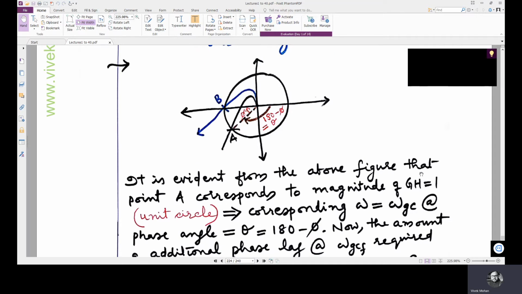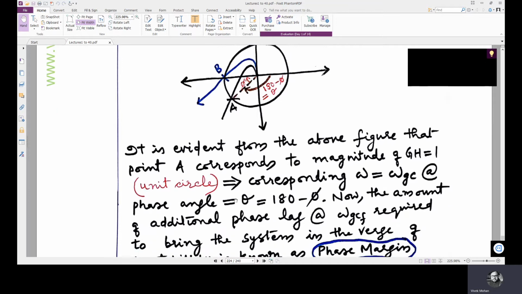It is evident from the figure that point A corresponds to magnitude of GH equals 1, so the corresponding frequency is known as the gain crossover frequency. At this point the phase angle is phi, and this is 180 minus phi.